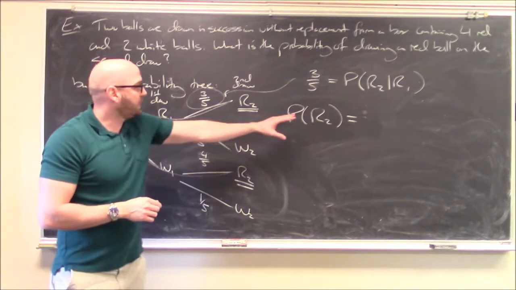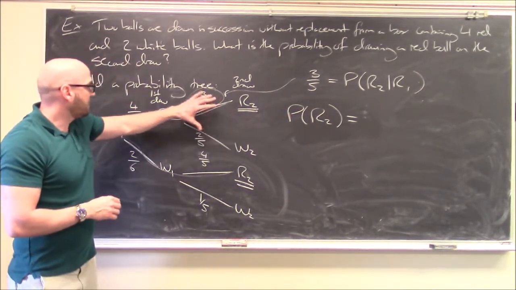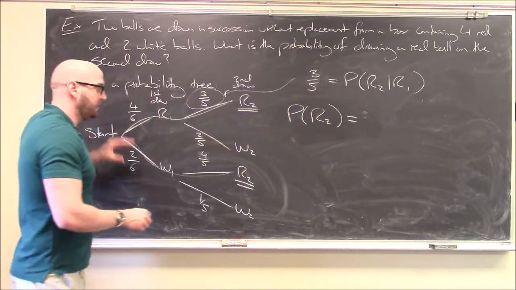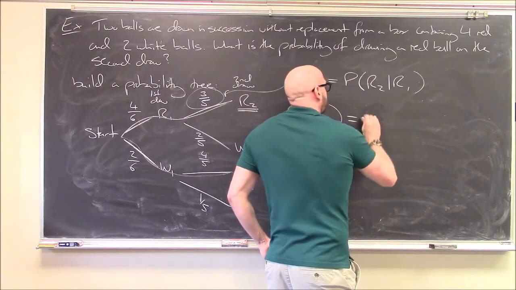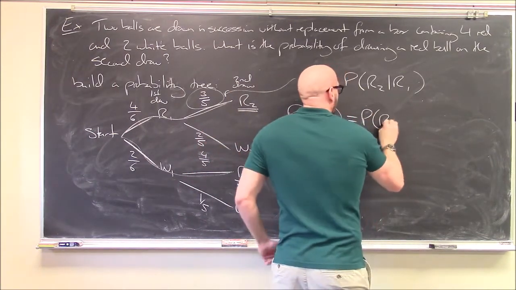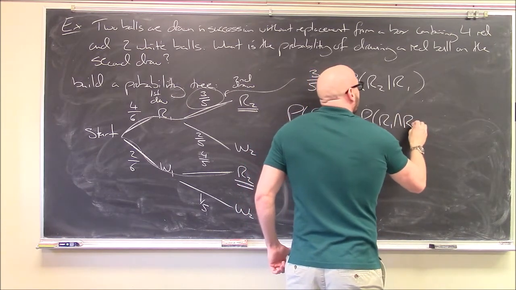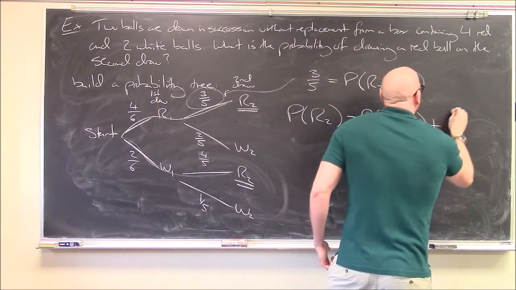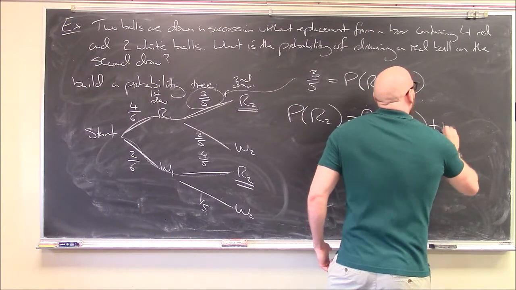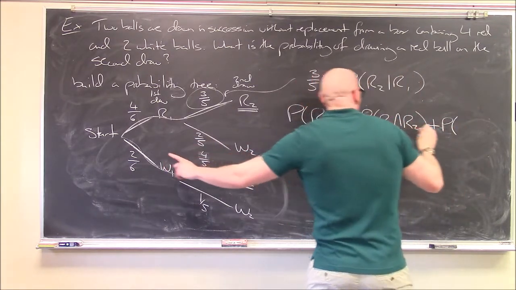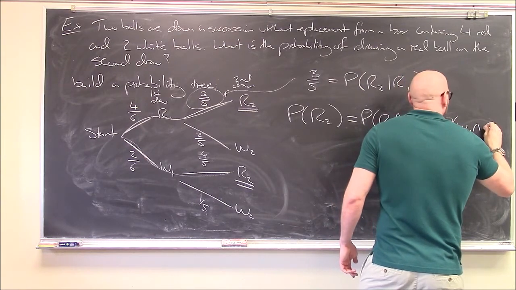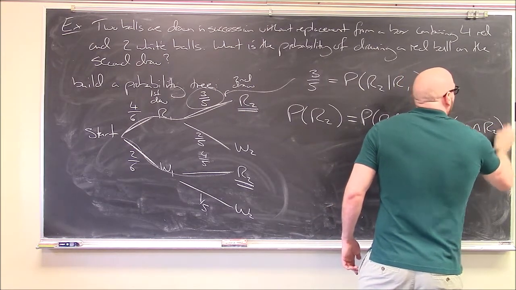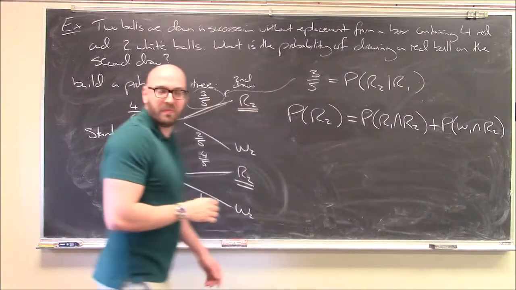All right, so the probability of drawing a red ball is actually going to be the sum of these 2 probabilities. It's either the probability of drawing a red ball on the first draw and a red ball on the second draw, plus the probability of drawing a white ball on the first draw and the probability of a red ball on the second draw.